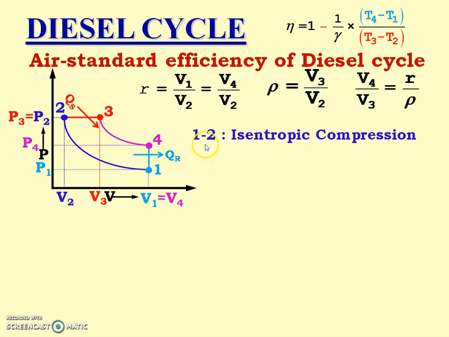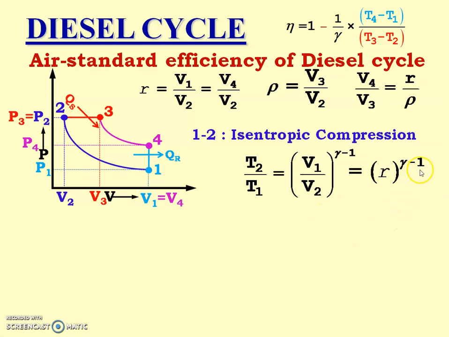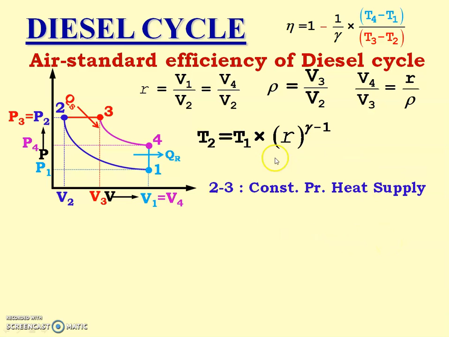Now let us select the process 1 to 2, isentropic compression. For that we can write T2 by T1 is equal to (V1 by V2) raised to gamma minus 1. What is V1 by V2? R. So that is R raised to gamma minus 1. So we can write T2 is equal to T1 into R raised to gamma minus 1.